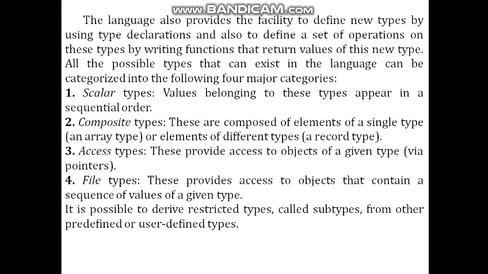It is possible to derive restricted types called subtypes from another predefined or user defined type. Subtypes are also very important, and can be derived from predefined or user defined types. We will discuss the scalar, composite, access, and file types one by one.